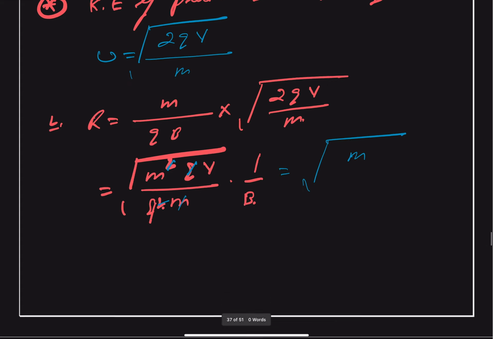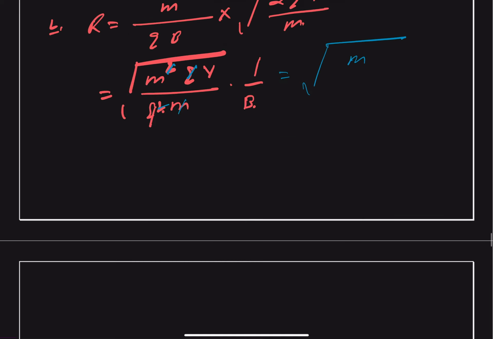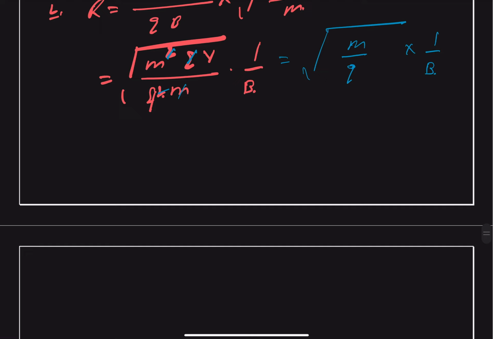Let me check, I think this looks correct. We are left with square root of m upon q multiplied by 1 upon B, and from here we can say our radius is proportional to square root of m upon q.